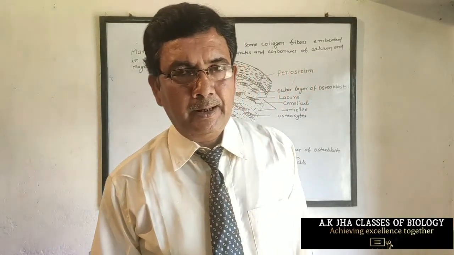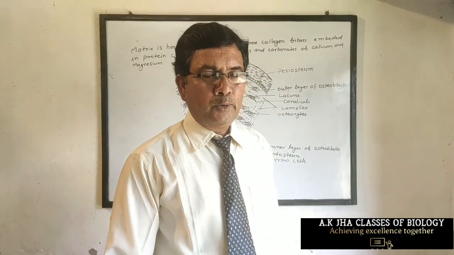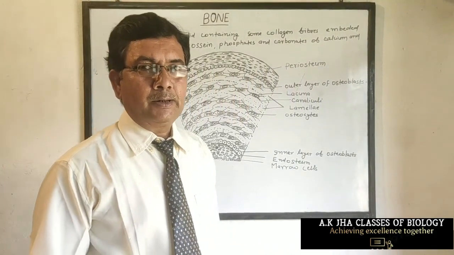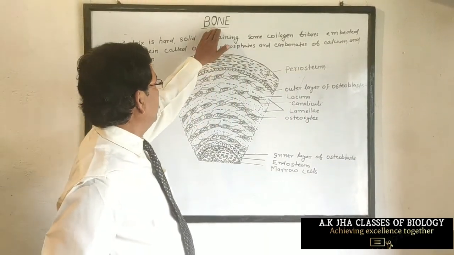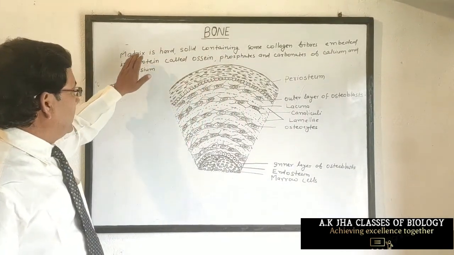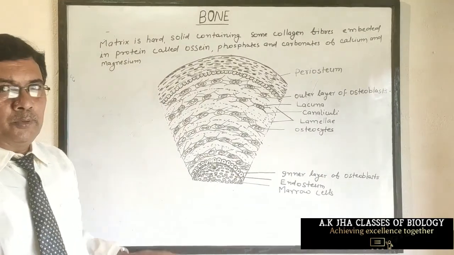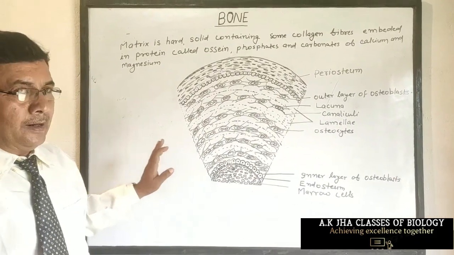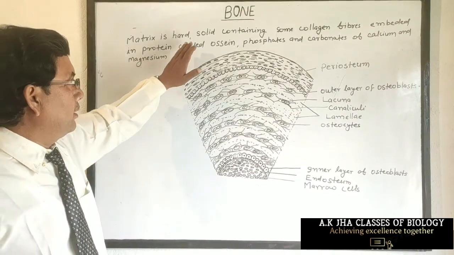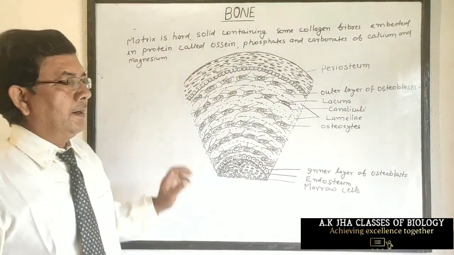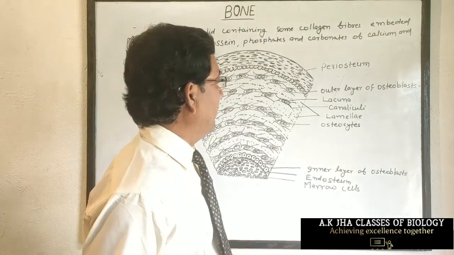The second type of skeletal tissue is bone. Most of our endoskeleton is made up of bones, so we study the bone. The matrix of bone is hard and solid. It does not contain liquid. Its matrix is solid and hard, containing some collagen fibers.